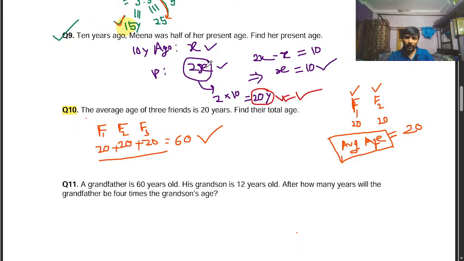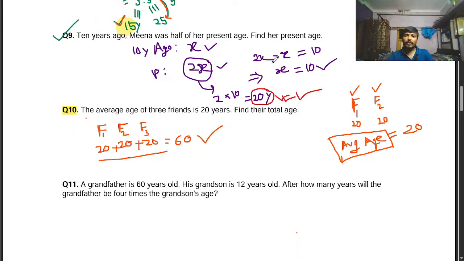So present age is 2x and 10 years ago her age will be half of 2x, that is x.